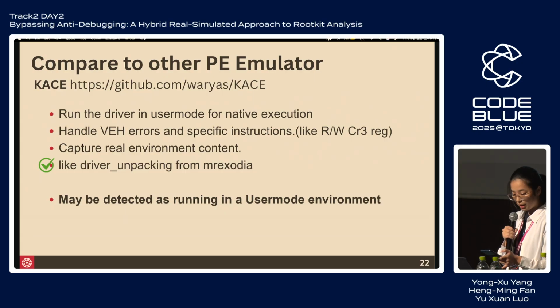For example, an attempt to read or write special registers such as CR3 will be handled via VEH. KACE has some advantages. One of its notable features is that it uses NtDLL to get real environmental parameters. However, KACE still has some shortcomings. Because KACE runs in user mode, it has the possibility of being detected. For example, it can be detected by reading the RIP, because the RIP's value is in user space.